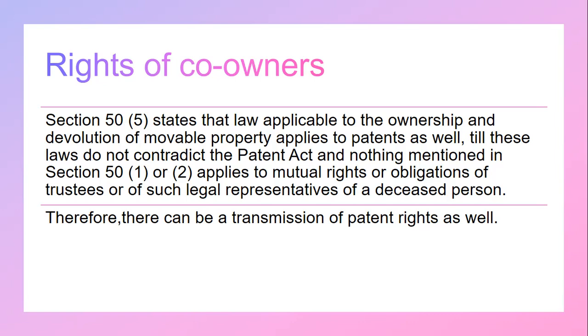Till these laws do not contradict the Patent Act, and nothing mentioned in this section applies to mutual rights or obligations of trustees or legal representatives of a deceased person. So otherwise, if a person dies and he leaves some property behind, it goes to their legal heirs, right? So same thing will happen with patent. And section 44 says that if a person is no longer there, then the controller has the power to amend the application in the name of the rightful heirs.